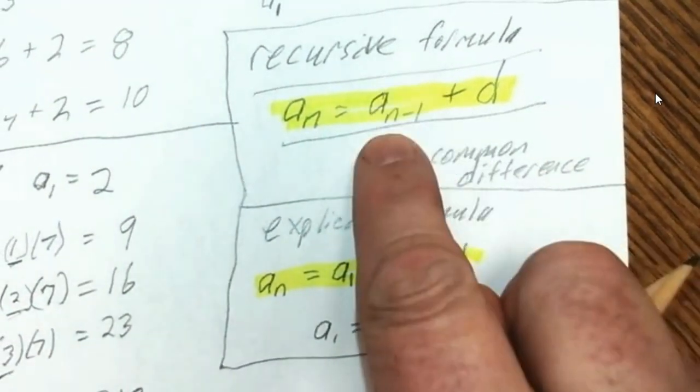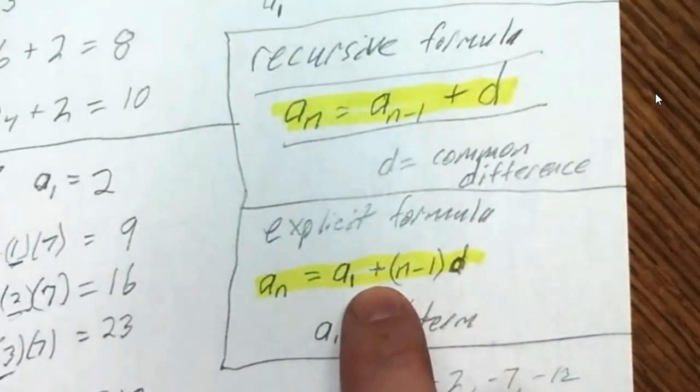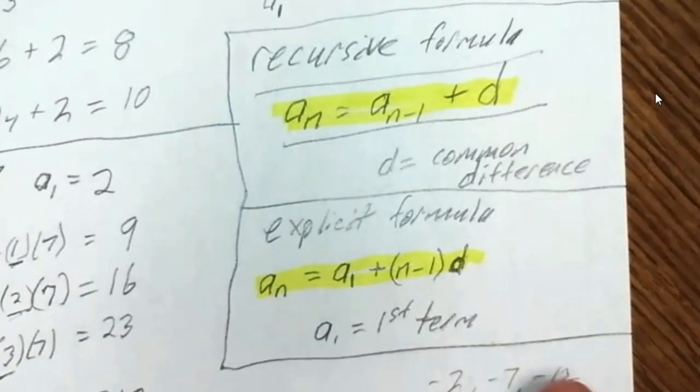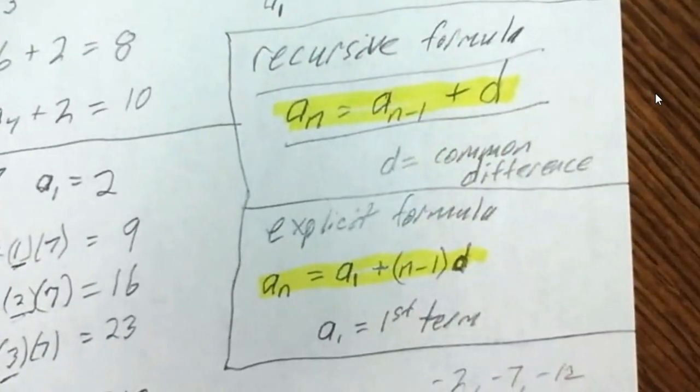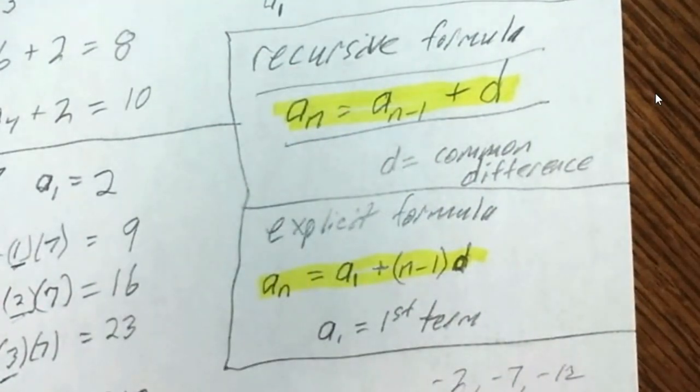I'll just find the 4th term and add this to it. But if I say find the 58th term, I'll probably want to use this one. I don't want to have to find all those other terms. So either one of these will work. It's just that some of them are going to be a lot quicker, to jump straight to the explicit than to try to use the recursive.